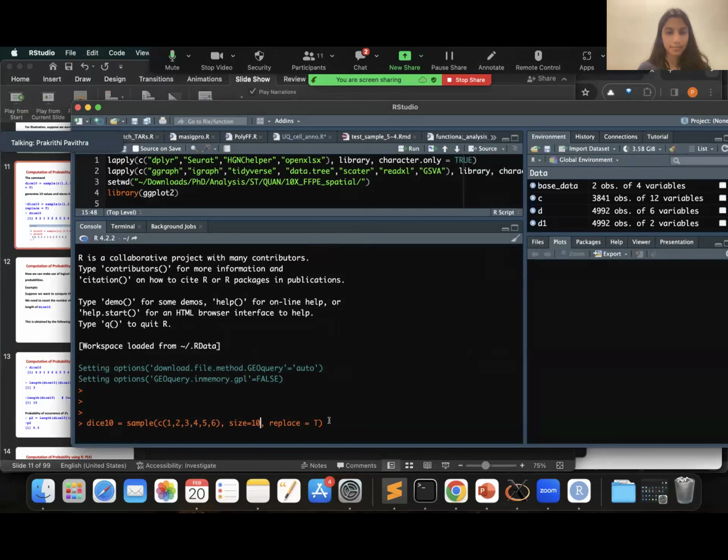Let's do a random sampling for 1000 experiments, like 1000 times. We randomly sample this. Let's make dice1000.